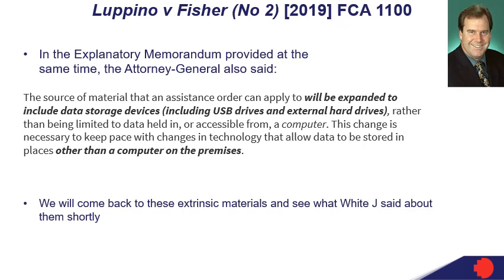This change is necessary to keep pace with changes in technology that allow data to be stored in places other than computers on the premises. So they're trying to broaden the quantity of data storage devices that this Act provision is now applicable to.